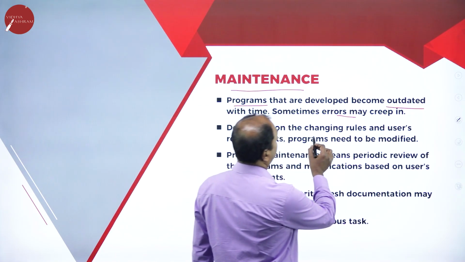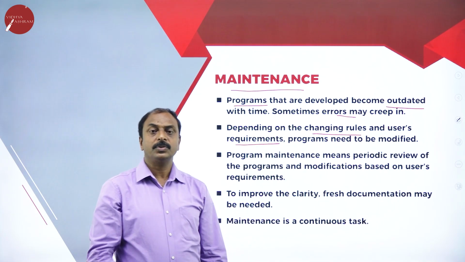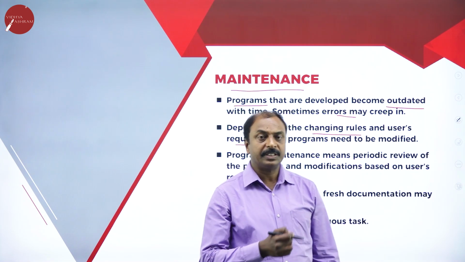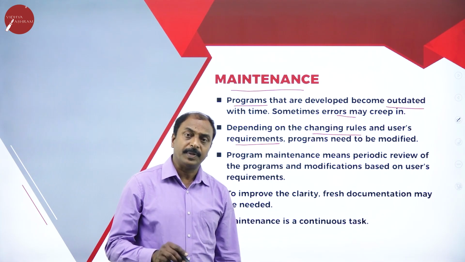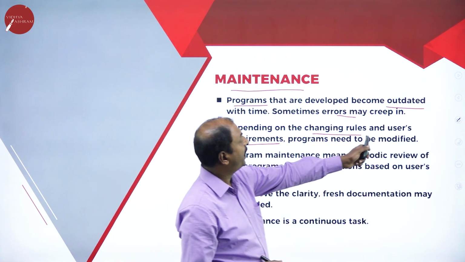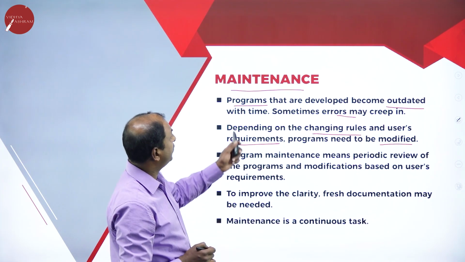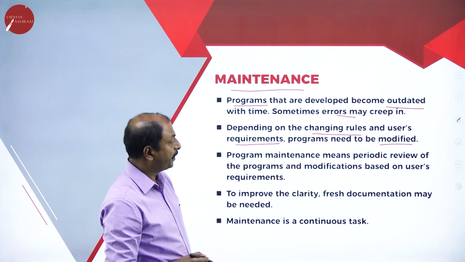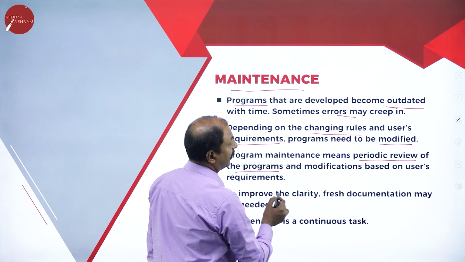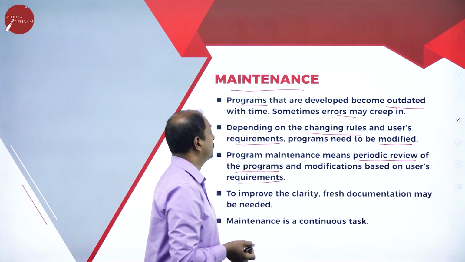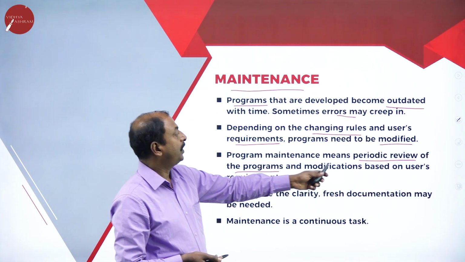Depending on changing rules and users' requirements, the program needs to be modified. Suppose a user asks for changes in a particular program after 6 months or 1 year; the programmer or developer must be in a position to modify the program as per the user's requirement. That is also maintenance. Program maintenance means periodic review of the program and modification based on user requirements.